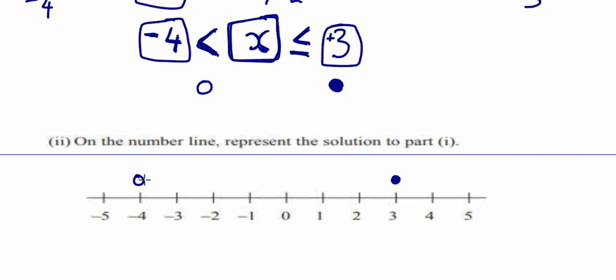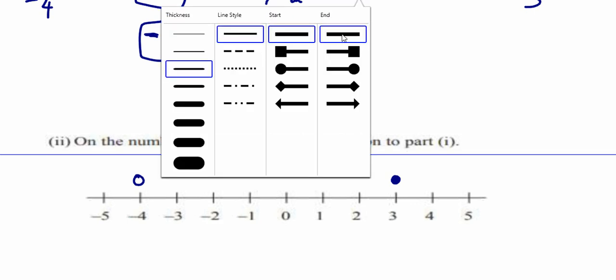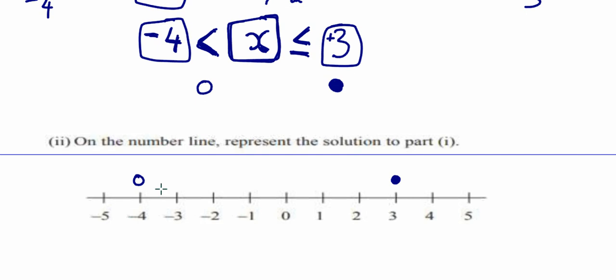So you take a ruler from here to here. This is what you will be doing. See that? I've chosen something which is not looking good. Let me choose this. Okay, join the two like so.